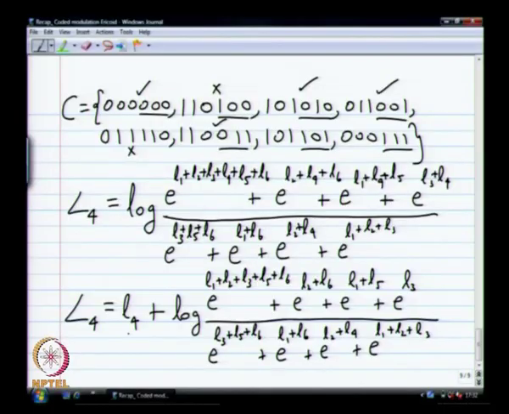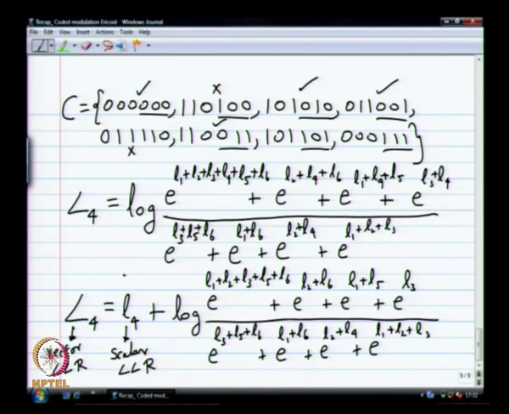Okay, so this is some kind of a scalar LLR. This is the vector LLR. Okay, so when you compute the vector LLR accurately, the scalar LLR is the starting point. Okay, so it is some kind of an intrinsic information. This thing is also called intrinsic information. Okay, so saying scalar LLR, we can say this is intrinsic or channel information.